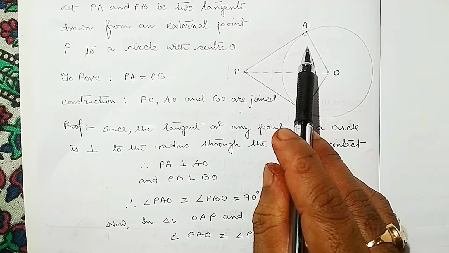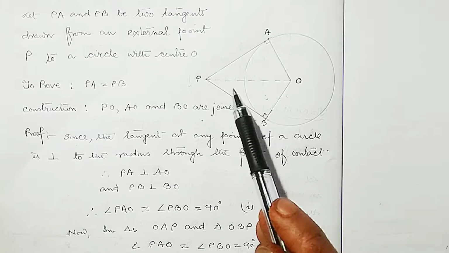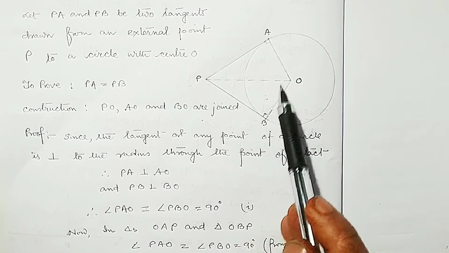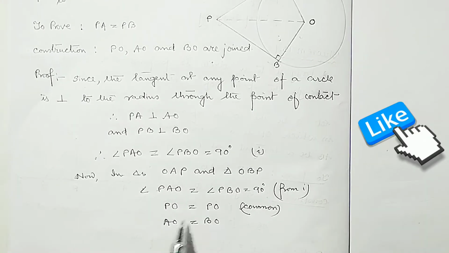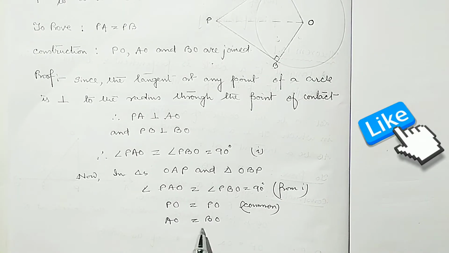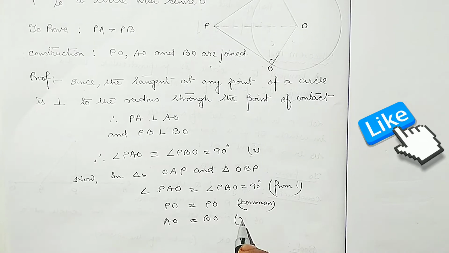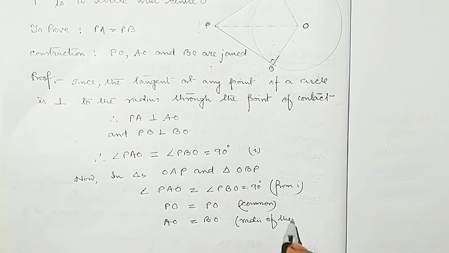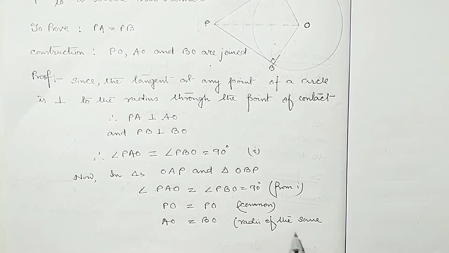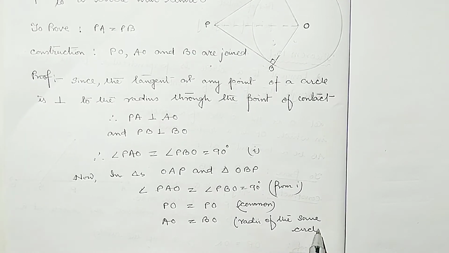So this angle is 90, this angle is also 90. Now PO is the common side and AO equals BO, so we can write PO equals PO common and AO equals BO, radii of the same circle, and radii of the same circle must be equal.